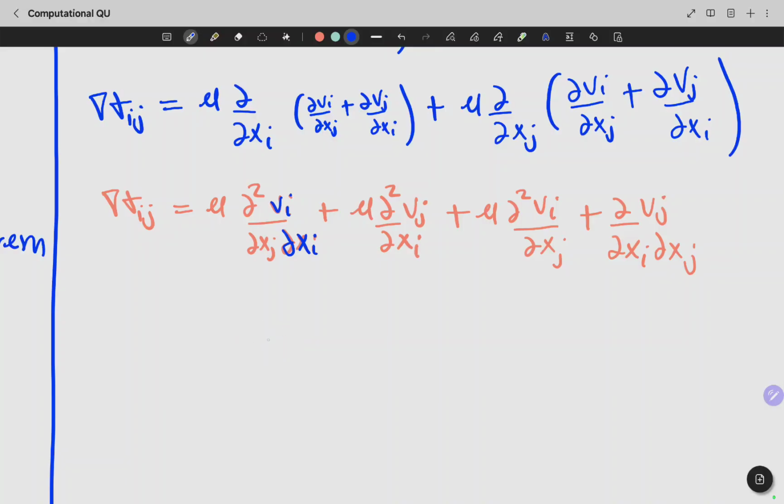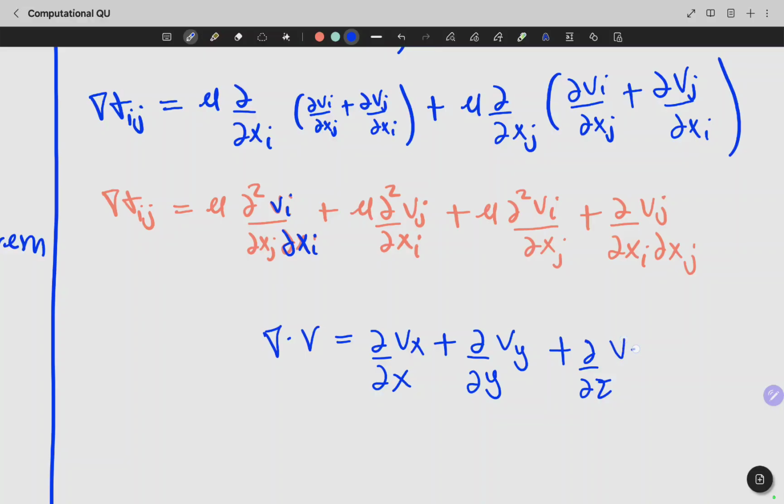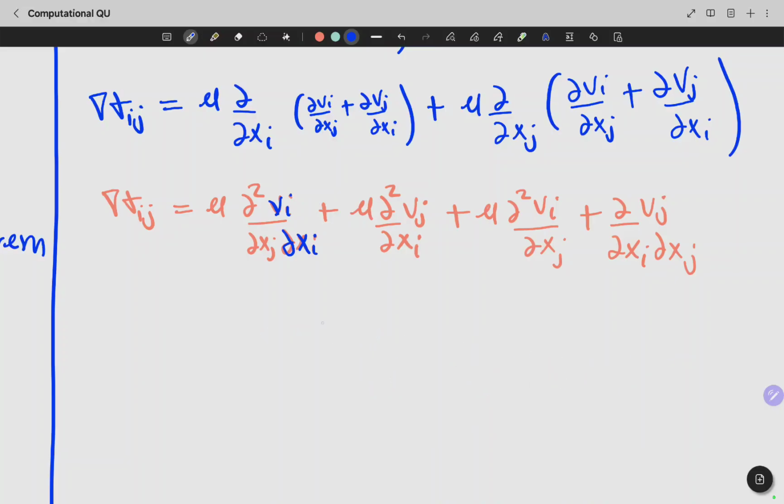So the divergence of v, naturally, is d by dx of vx plus d by dy of vy plus d by dz, for example, of vz, and that is d by dxi of vi. So what I just wrote here is like saying d by dxi of vi, and this is 0 according to the principle, because we already have seen that the divergence of v is 0.